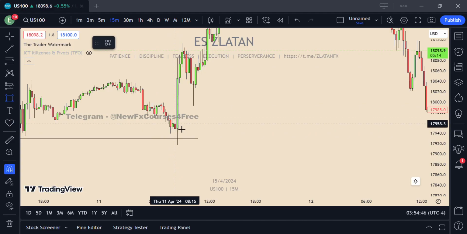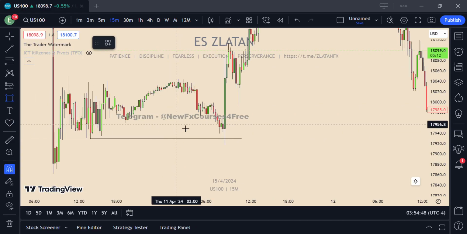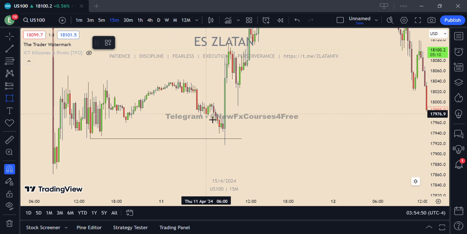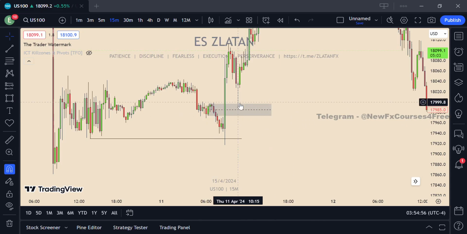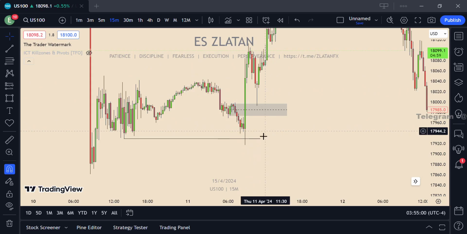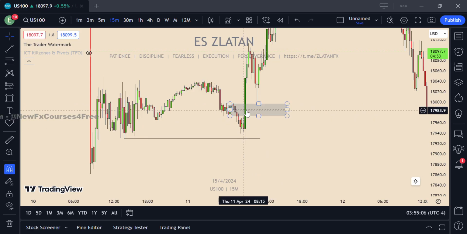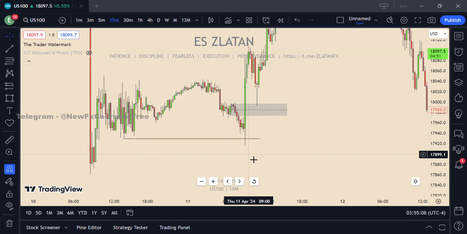Does this count as a breaker? Personally, nah. I'm gonna use this one right here. Look at how we tapped into it and moved away. Why don't I count this as a breaker? I love seeing a swing, and then dig into that liquidity, right?